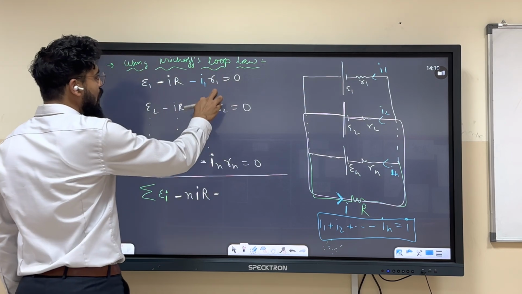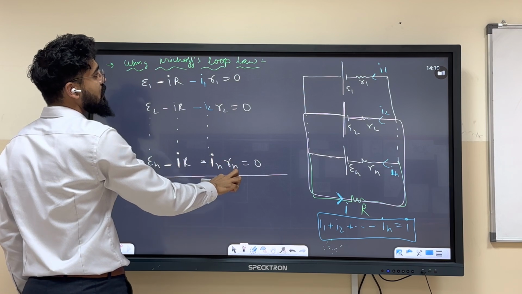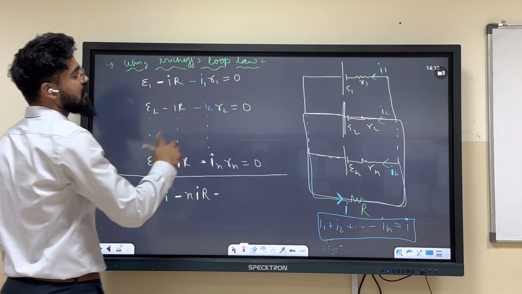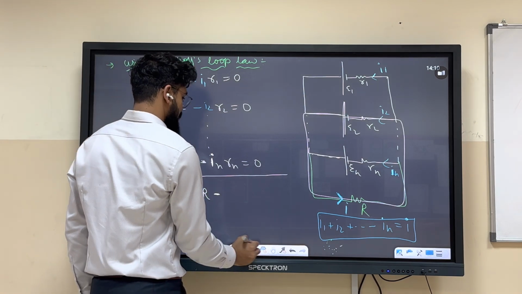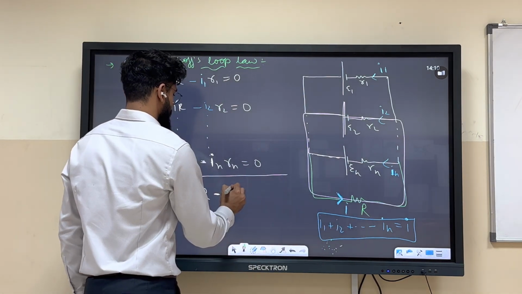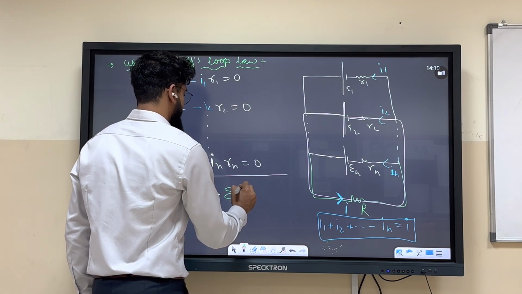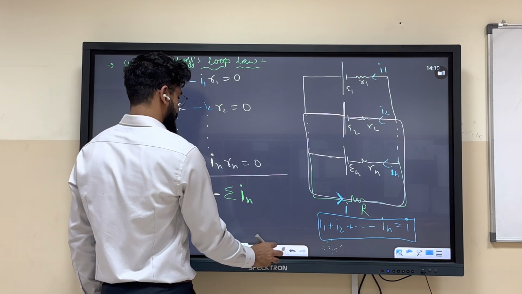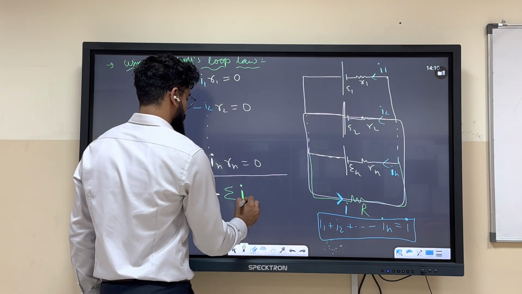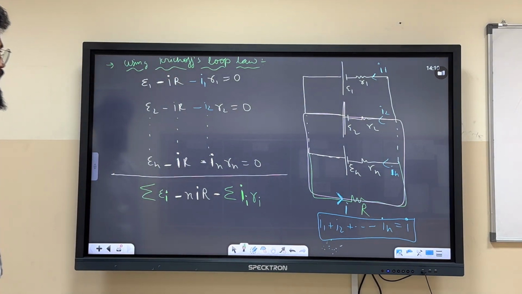If we are adding all I1 R1, I2 R2, I3 R3, it is nothing but sigma Ii Ri, equals 0.